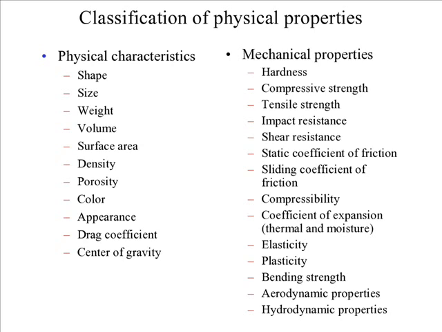Those are things such as hardness, compressive strength, tensile strength, impact resistance, shear resistance, static coefficient of friction, sliding coefficient of friction, compressibility, coefficient of expansion, elasticity, plasticity, bending strength, aerodynamic properties, and hydrodynamic properties. Those are properties that have to be measured.